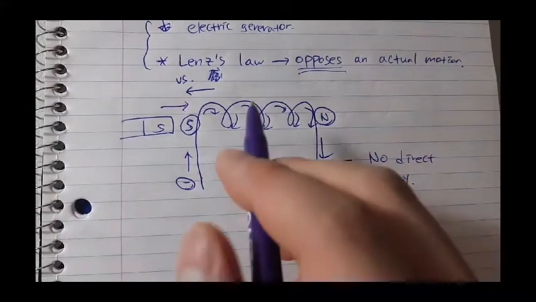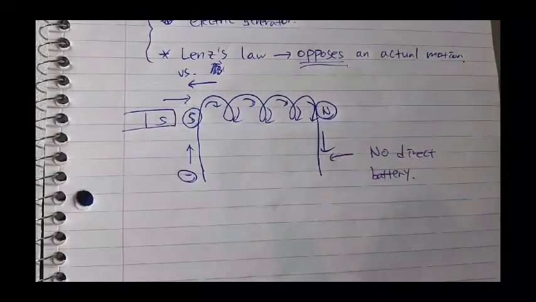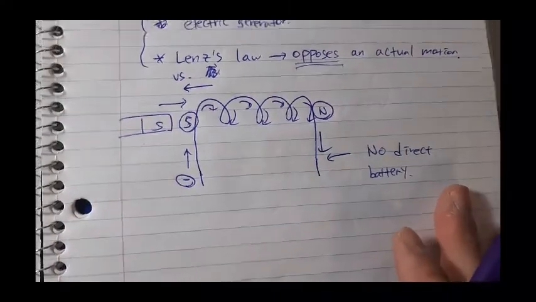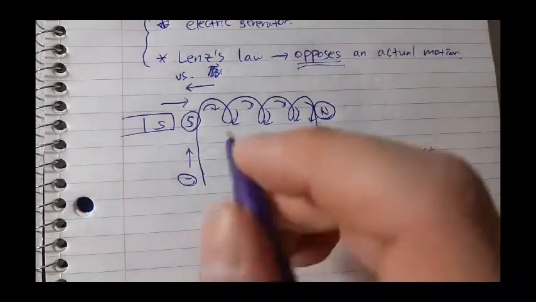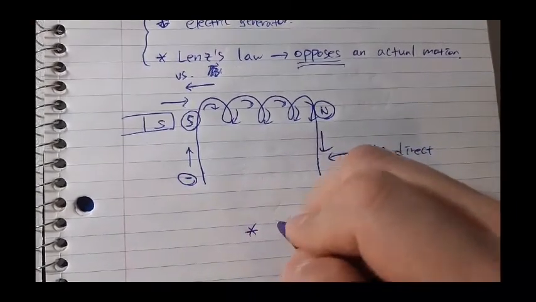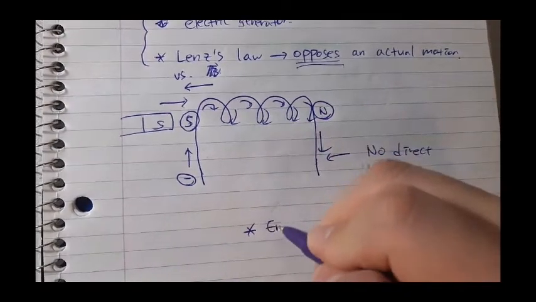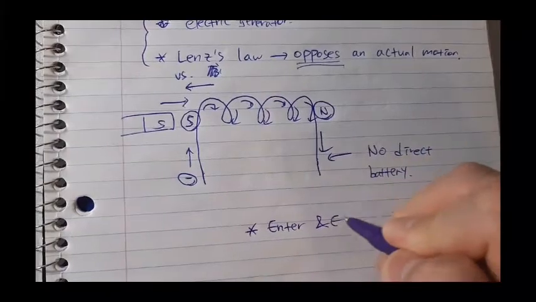And this is how we can generate any type of electricity, by simply moving a magnet in or out. But the one thing that you need to understand is it's only the flux that is influenced by a motion as you enter and as you exit.